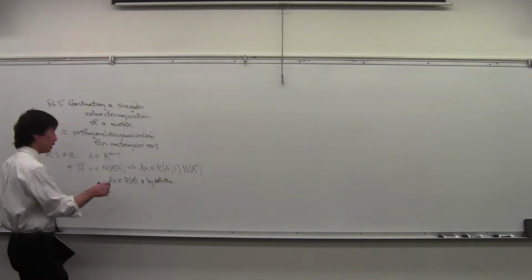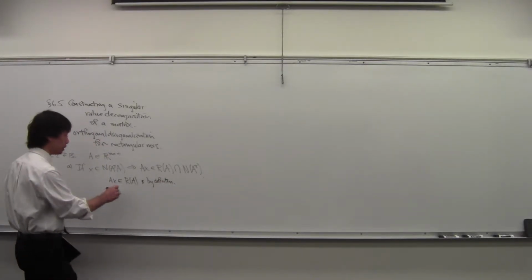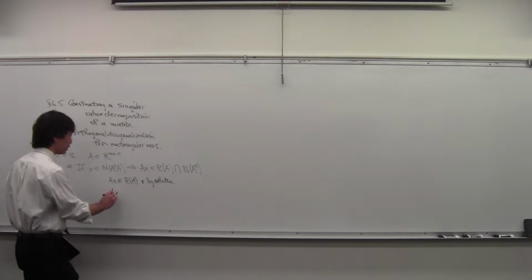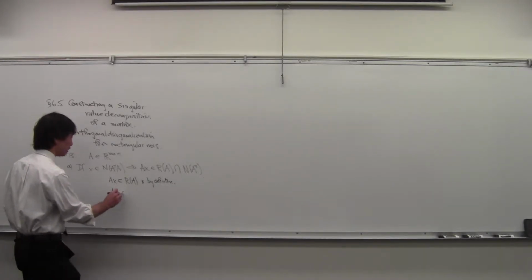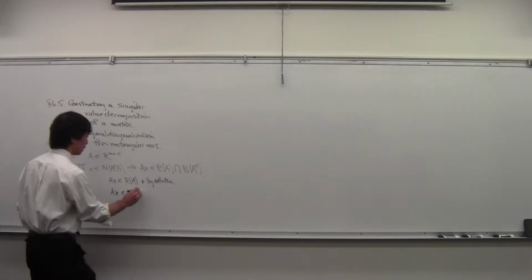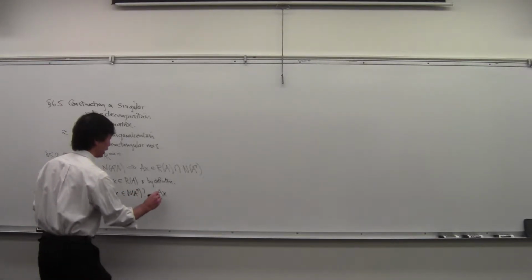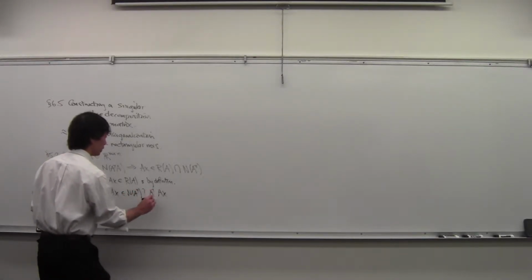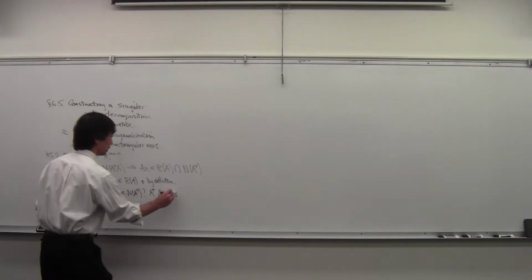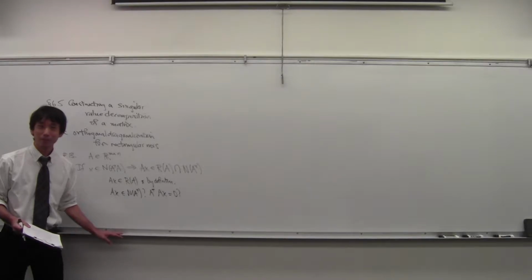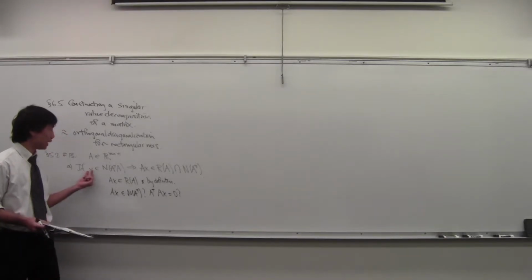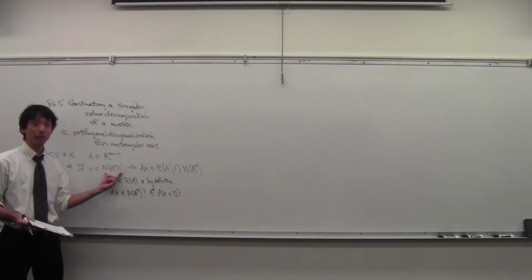Okay, is AX in the null space of AT? In other words, if I multiply AX by AT, do I get 0? Yes, because we said X was in the null space of ATA.